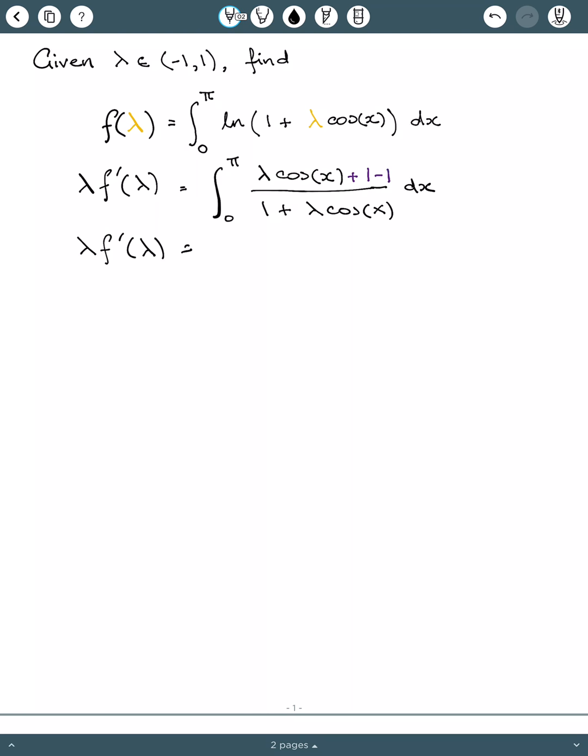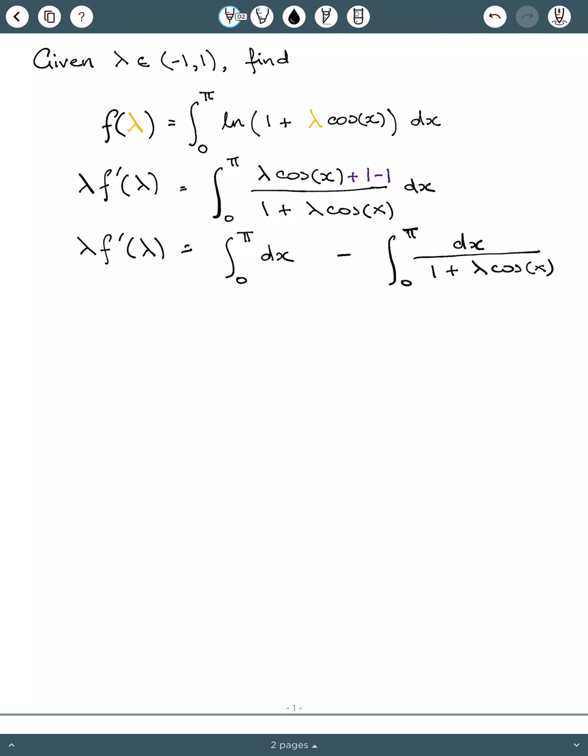Now this whole integrand I'm going to split up. You can see that there's a 1 there, and then minus this integral here. So this wasn't strictly necessary, but it's going to make our life a little bit easier.